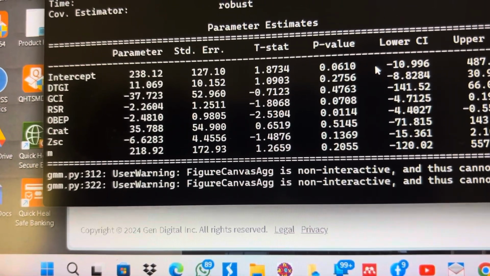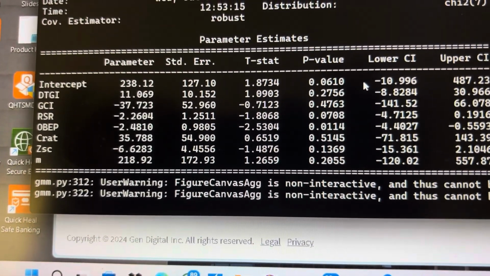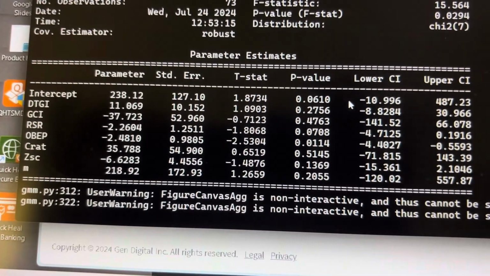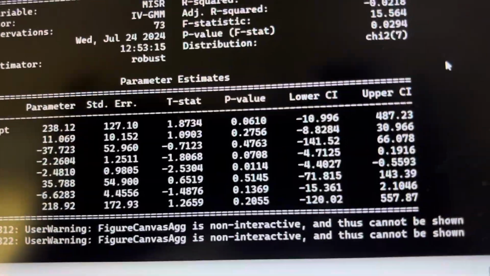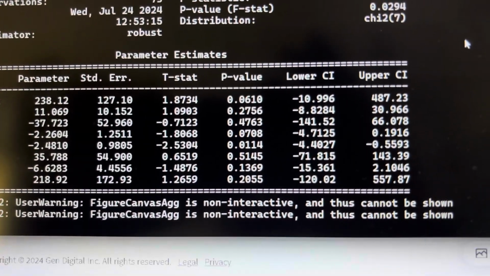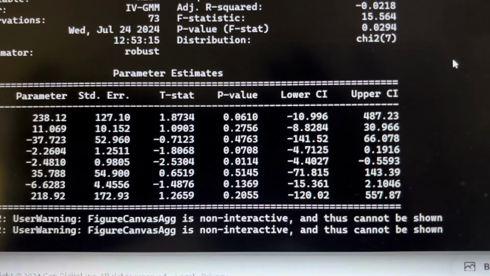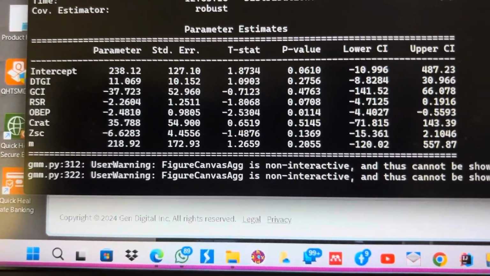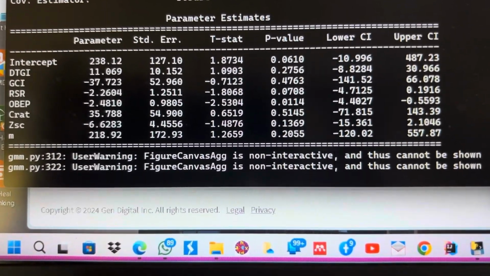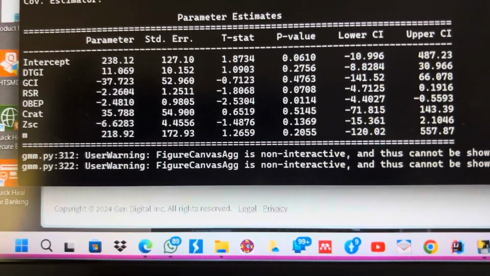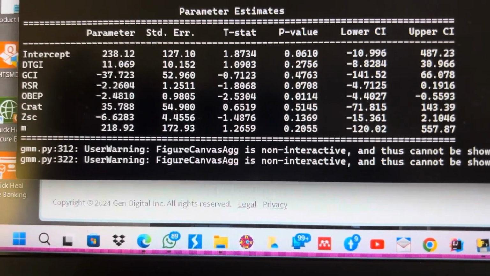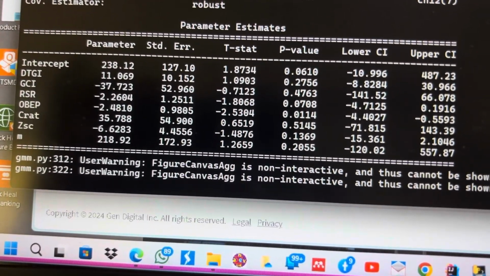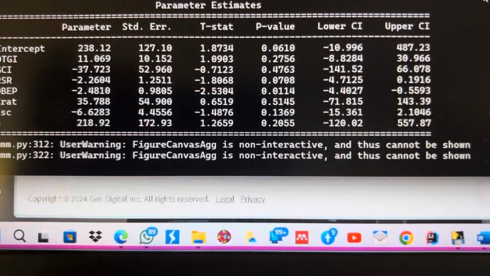So the operational break-even point is significant to the market-induced survival rate of companies. It means that the operational break-even point is something that must be pursued by every organization to ensure that they have an acceptable operational break-even point.